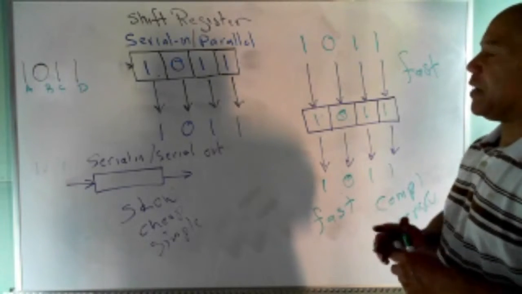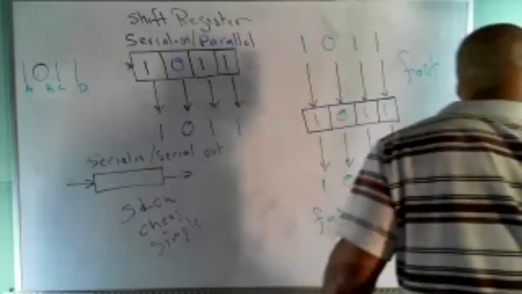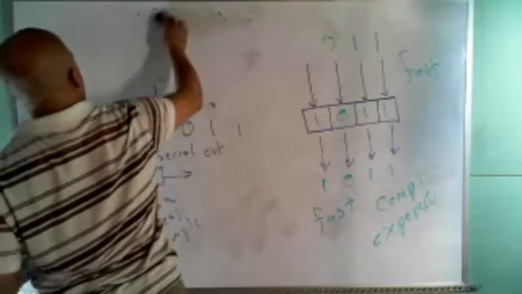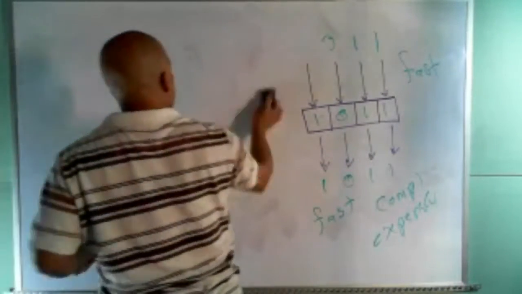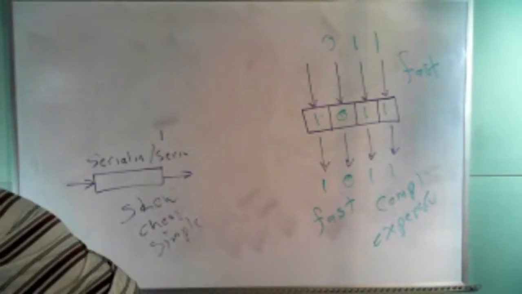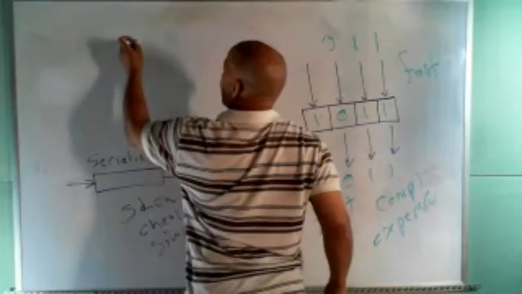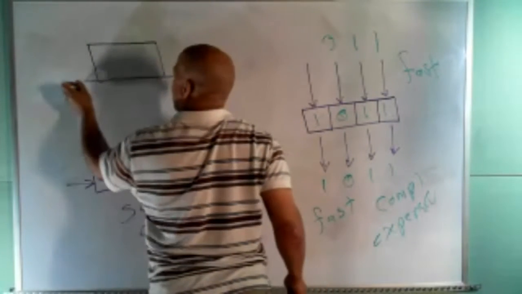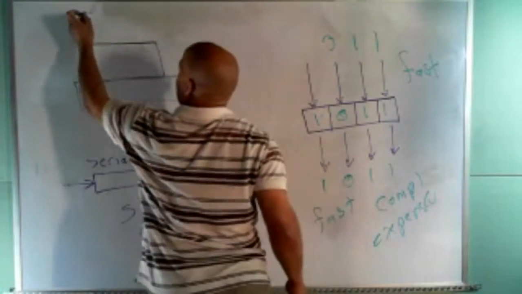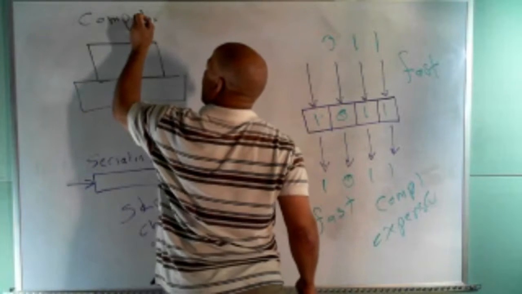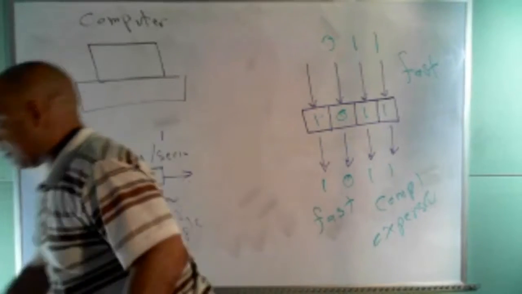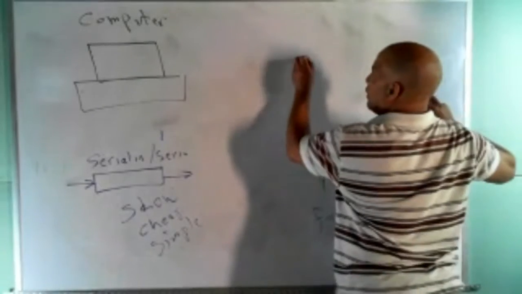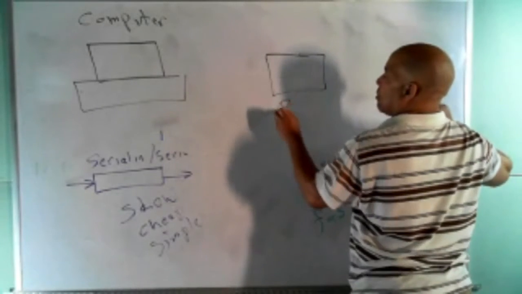I think there's an example I'll put on Blackboard where let's say I have a computer, maybe a digital device, or whatever. And over here I have a printer. I don't know how to draw a printer. This is a printer.